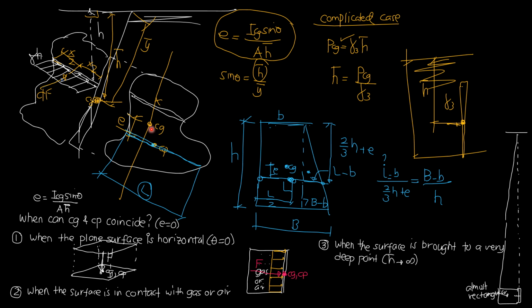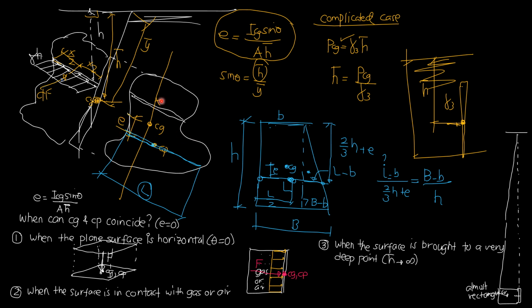So the centroid of the area and the center of pressure do not lie on this axis here, so that there is this e sub H supposedly. Remember that the distance between the centroidal axis and this axis here is denoted with e.